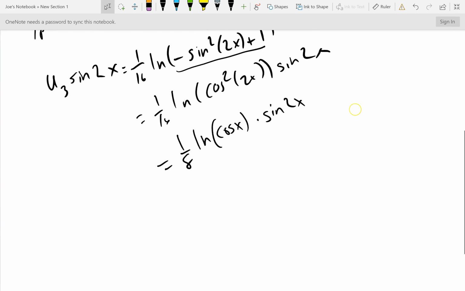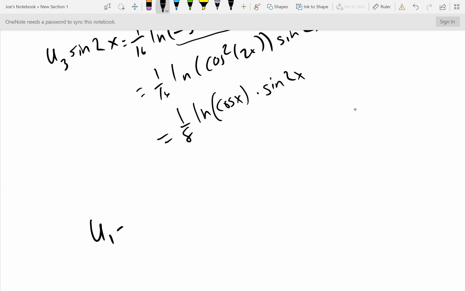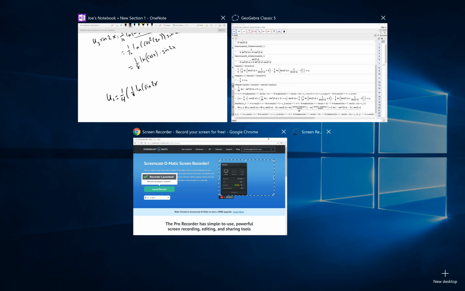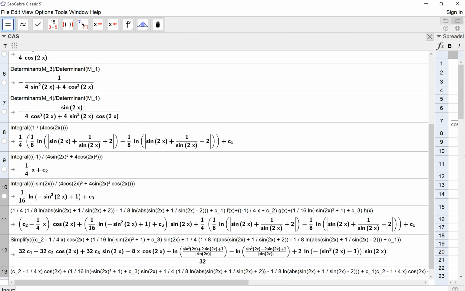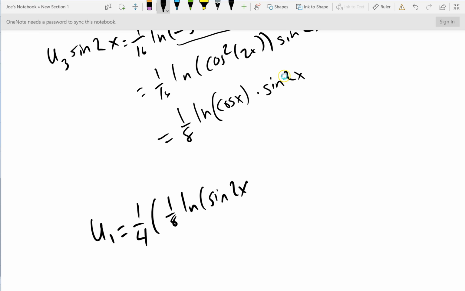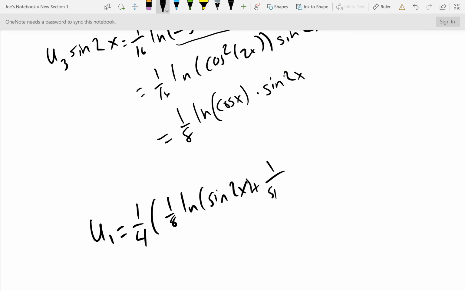So our u1 was 1/4 times a 1/8 natural log of sine of 2x plus 1 over sine 2x plus 2? Yes, okay. Plus 1 over sine 2x plus 2.